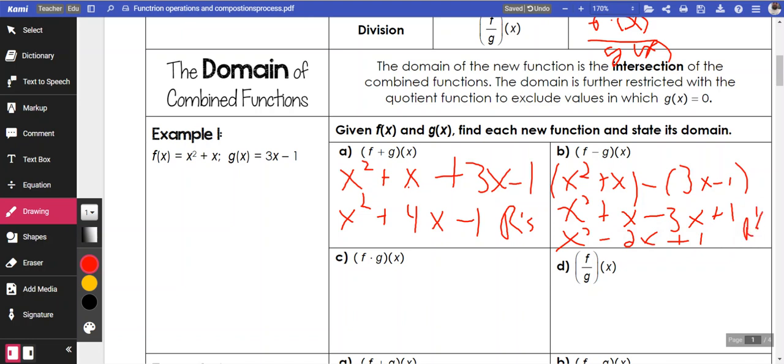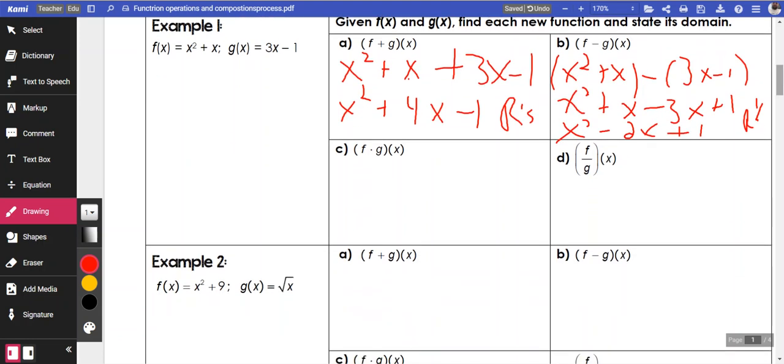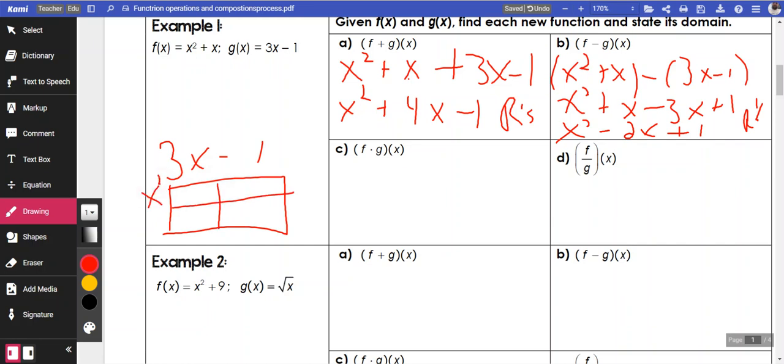Okay? When you multiply these, it's the same thing as if we had to FOIL. Realistically, I'm going to go old school and write 3x minus 1, and then x squared plus x.